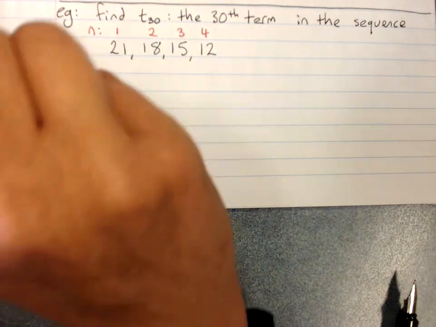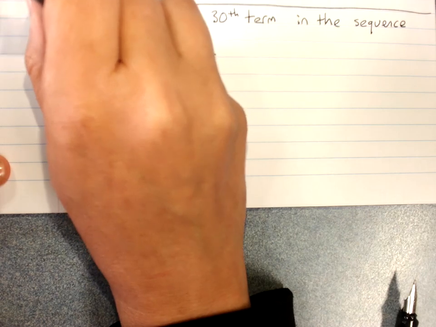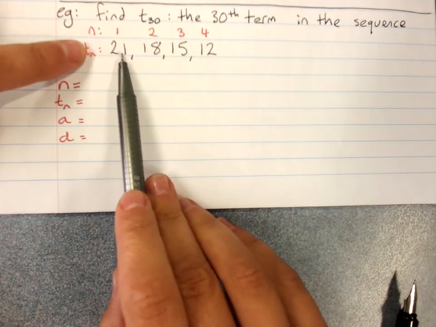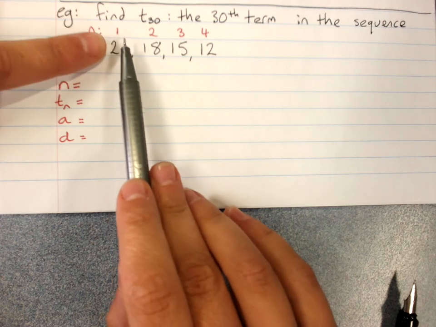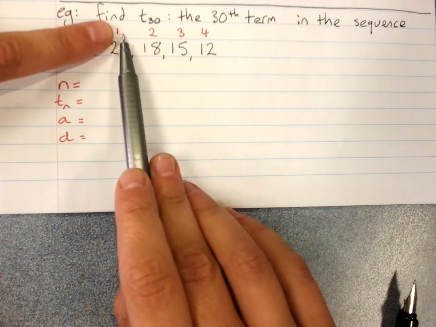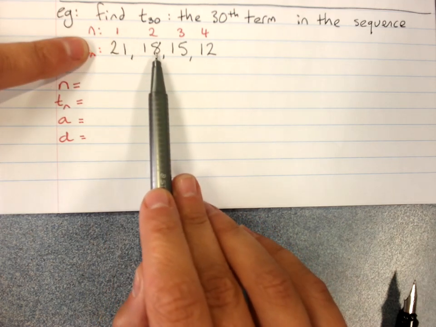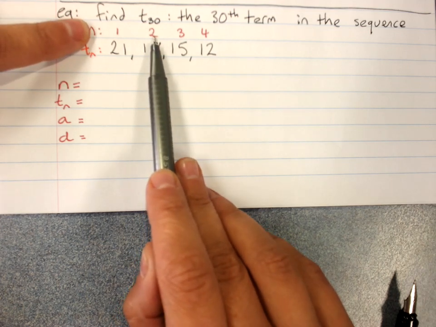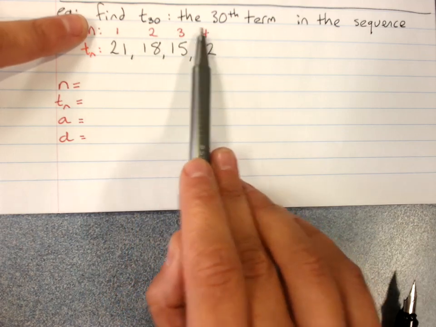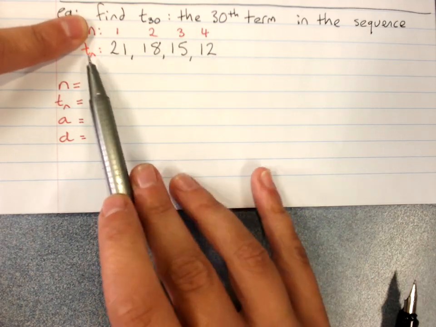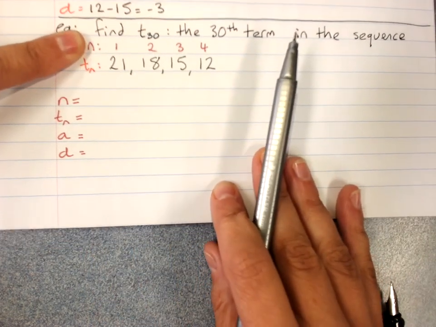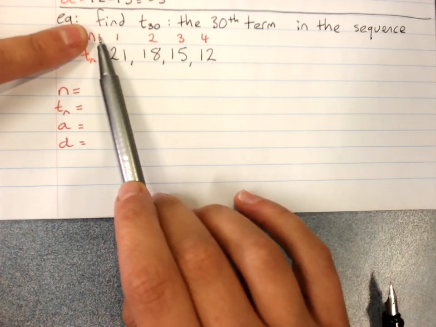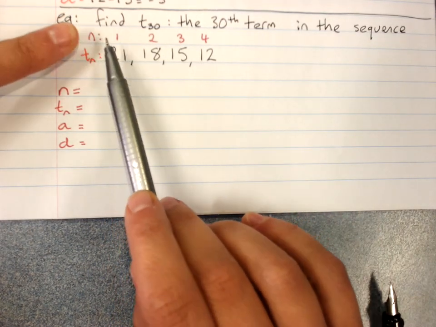Tn is the term at position n. So 21 is T1 because it's the term in position 1. 18 is T2 because it's the term in position 2. You don't actually need to write all this when you're solving this sort of question, but I'm really trying to get through the difference between n and Tn.